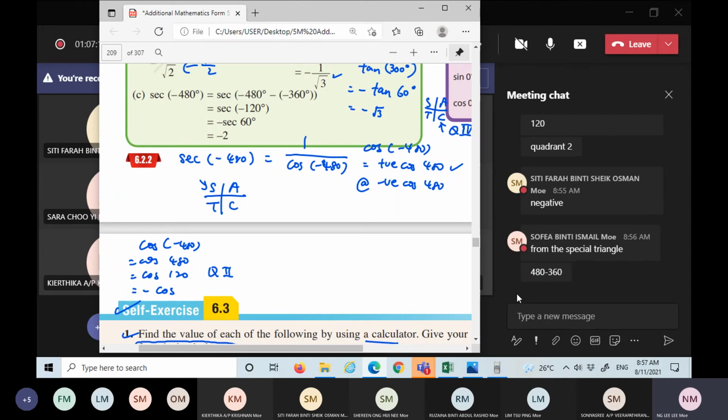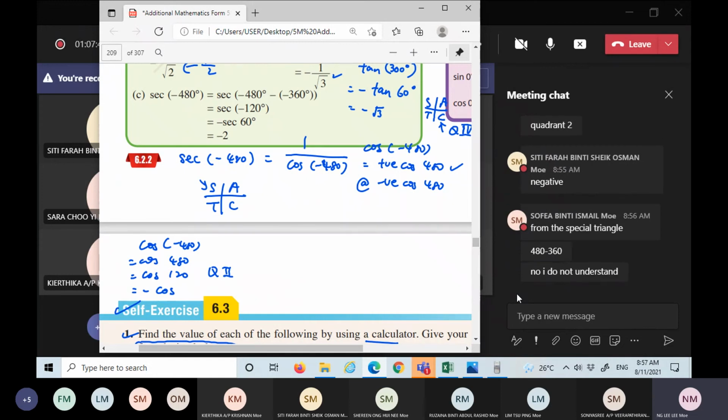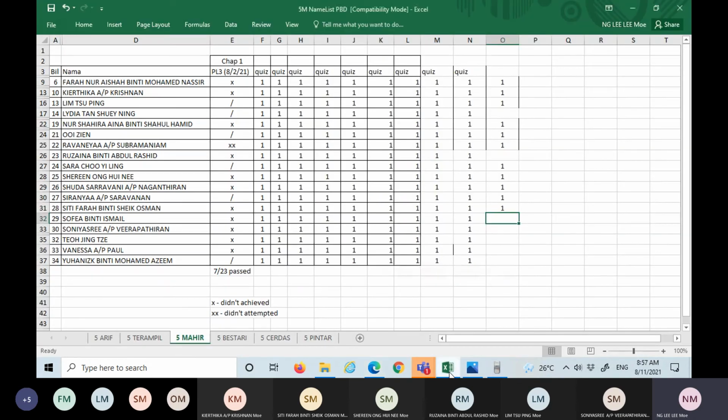So I need to find the reference angle that falls in the first quadrant. Can or cannot, Sophia? Okay, never mind, Sophia. You listen to your other friends.